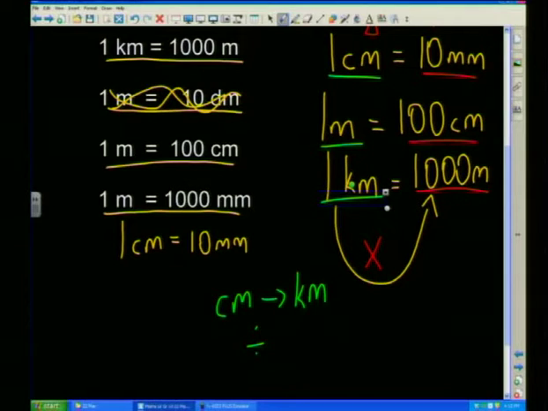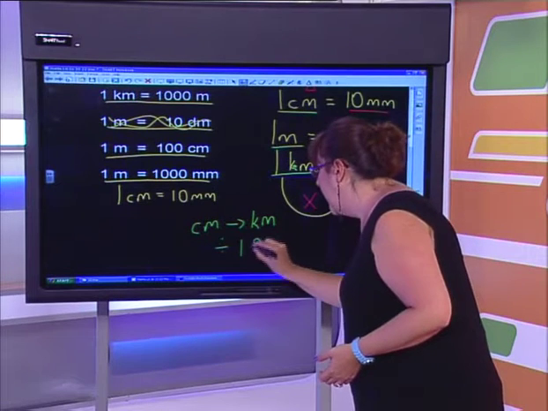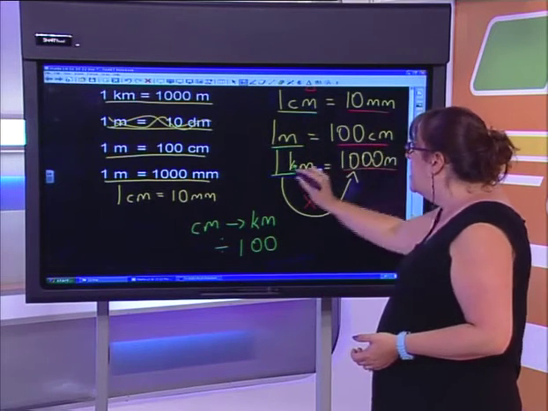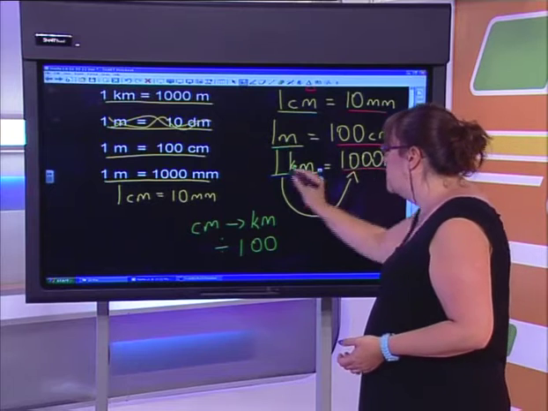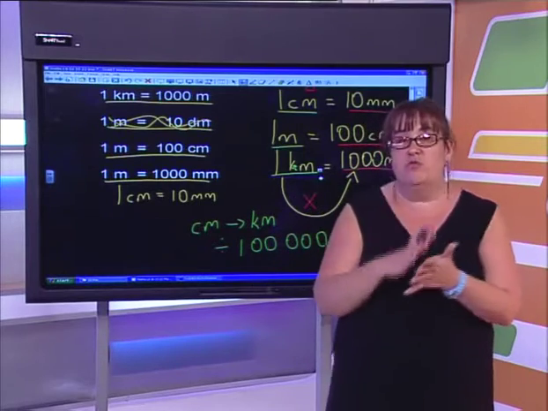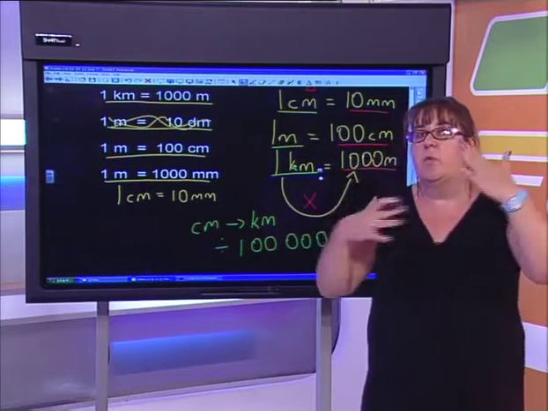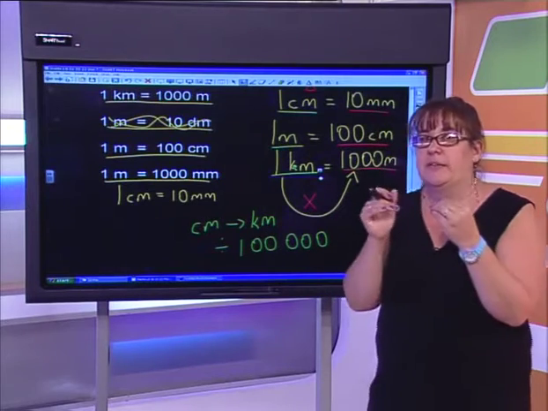But what am I dividing by? First I've got to go to meters, so I'm dividing by 100, and then I'm going to kilometers. I go back across and I'm dividing by 1,000, so it's another 3 zeros. I'm actually going to be dividing by 100,000 units. I hope that makes sense, but when we actually work with it, it'll start to make a little bit more sense.